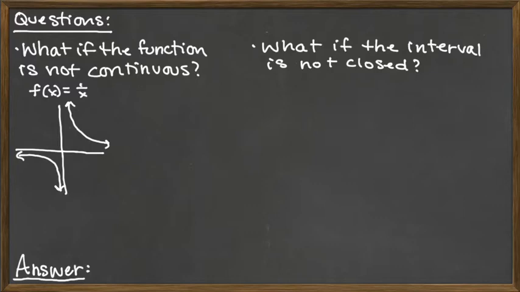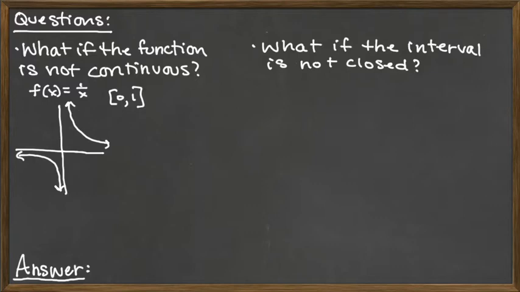For instance, if we're looking at the closed interval 0 to 1, we are not going to have a global max because the right-hand side of this graph goes off to positive infinity as we approach 0 from the right.